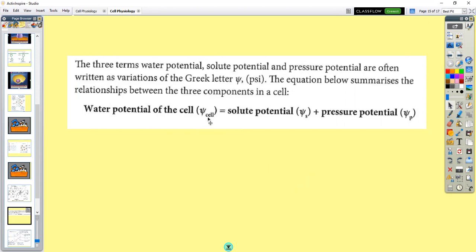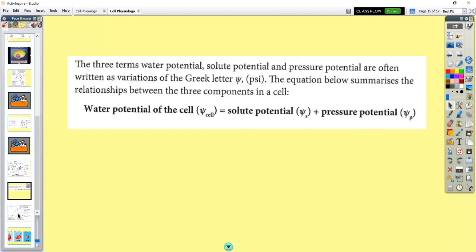So psi cell is the water potential of the cell, a measure of the solute potential, psi s, plus the pressure potential, psi p, and it's a measure of the potential for free water molecules to move within a cell.